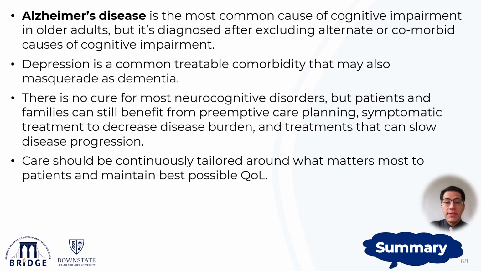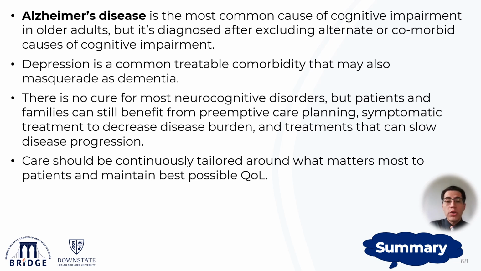So, Alzheimer's disease by far is the most common cause of cognitive impairment in older adults, but it remains a diagnosis of exclusion, which means that you need to rule out other alternate or comorbid causes of cognitive impairment. Depression is a common treatable comorbidity that may also masquerade as dementia, particularly in older adults.